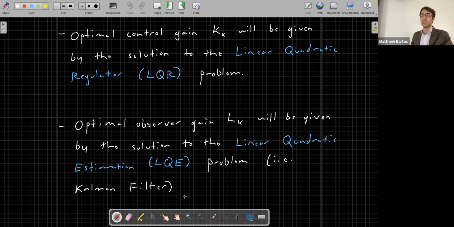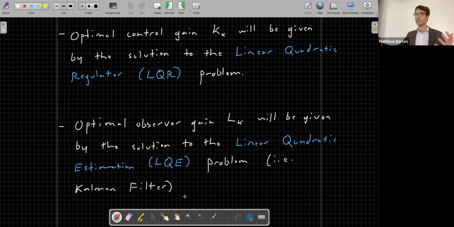And we'll show that the optimal observer gain, L_k, at each time step is given by the solution to the linear quadratic estimation problem. And this is often more commonly known as Kalman filtering. This one we will get into a little bit, and I'll show you an example of Kalman filtering, but we're not going to go through the full derivation for either of these because it would take too long. And also I haven't given you the background on stochastic state space systems, which we need to fully understand these two problems.